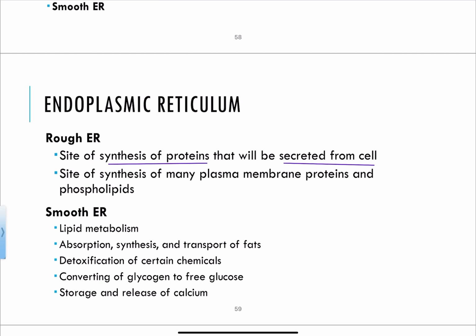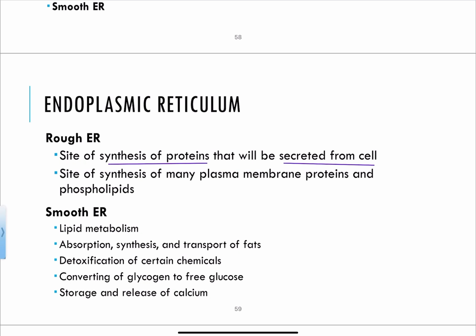It's also the site of a lot of plasma membrane proteins, the ones that are going to be embedded in the plasma membrane, as well as phospholipids. The smooth ER is a little bit different. It's not involved in protein synthesis because there are not any ribosomes associated with it.